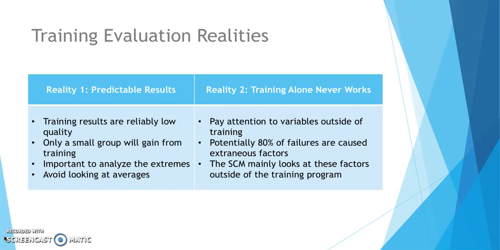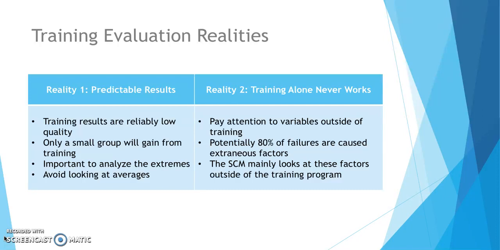And really the second reality, kind of back to what I referenced before, is that training never works alone. Meaning there are always going to be outside variables that are responsible for the continued success of these employees. I actually found out that potentially 80% of these failures are caused by these outside factors. Whether that's management just not supporting the new training.